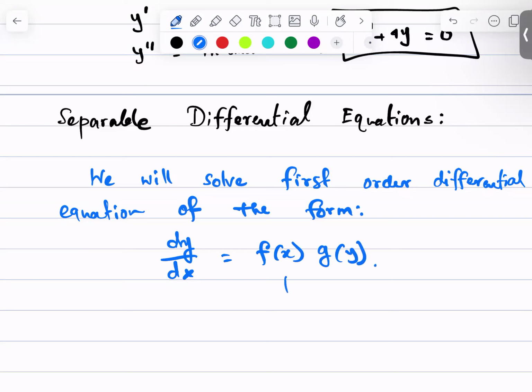So basically what this type is, you can separate out x and y as functions.